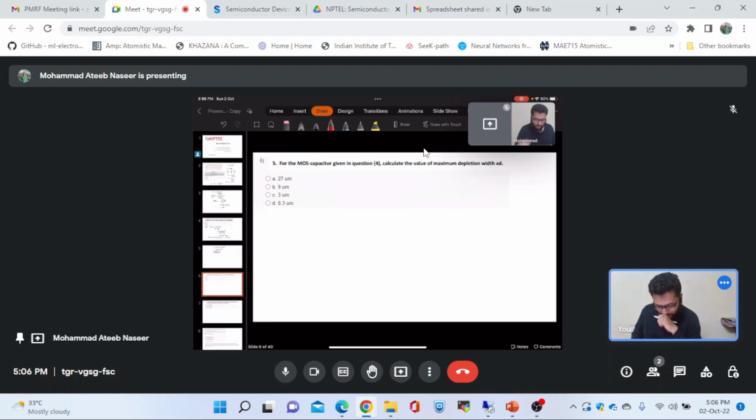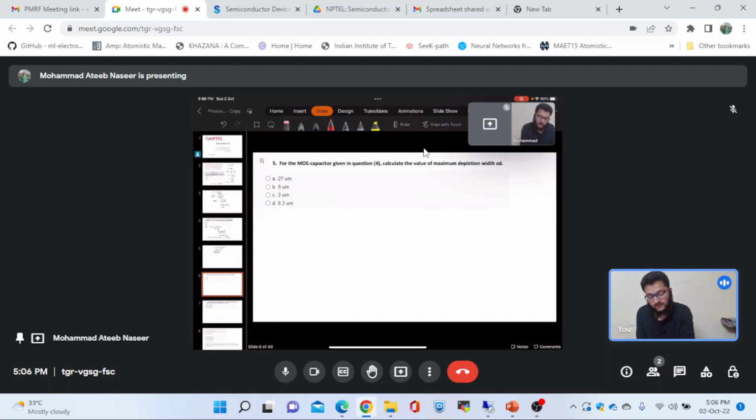Now it says that for the MOSCAP that was given in question 4, the data that was present in question 4 will remain as it is. For that MOS capacitor, we need to calculate the depletion width, xd, for the same parameters.